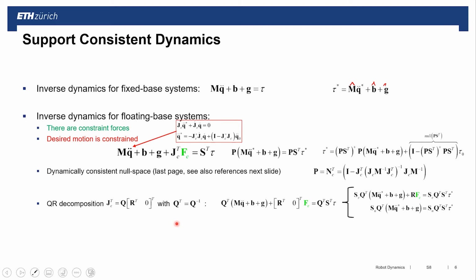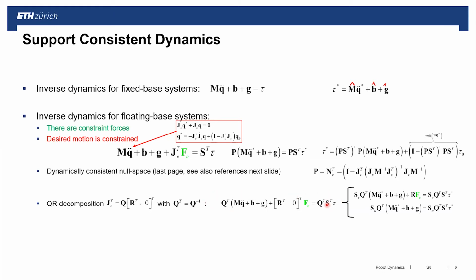And if you substitute this now in here, so if you take this J and put it in here, I have an R transposed 0 times my Q from here. So I multiply the whole matrix with Q minus 1 from the left, which is my Q transposed. So I get this equation here.